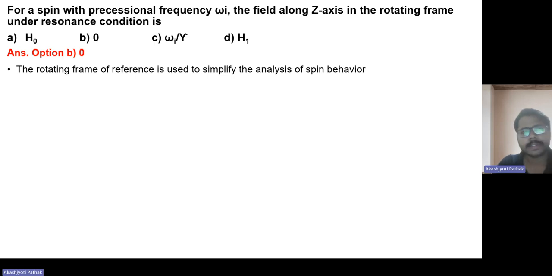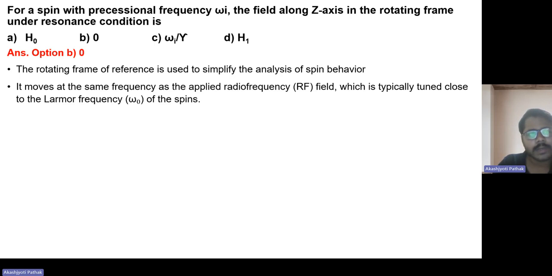This rotating frame of reference concept has already been discussed in week 3 and week 4 classes as well. Why is the rotating frame of reference required? Because it simplifies the analysis of the spin behavior.